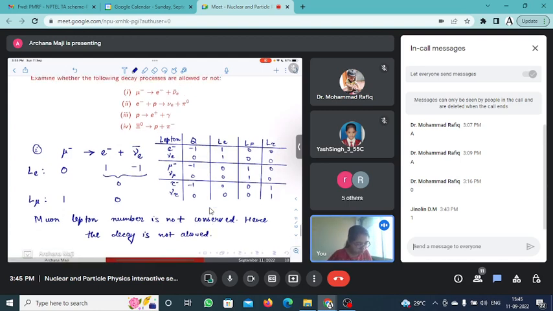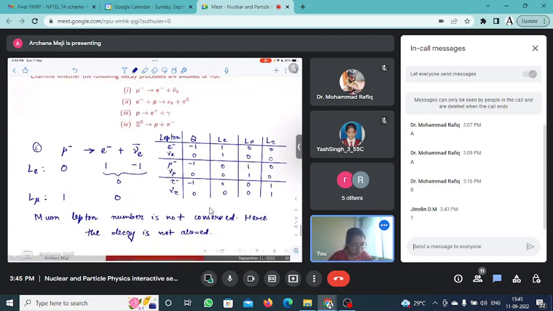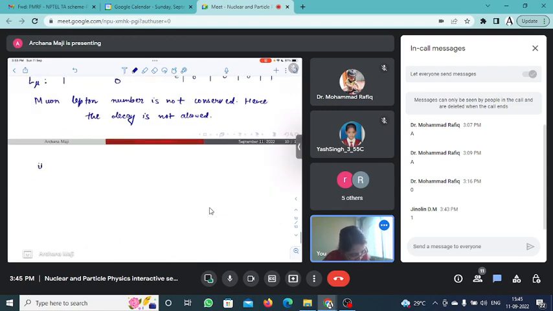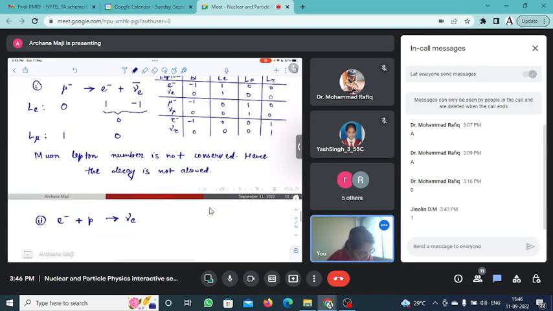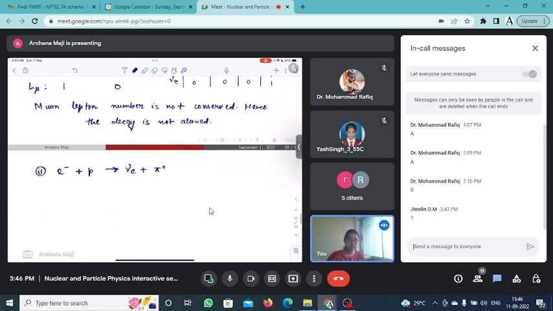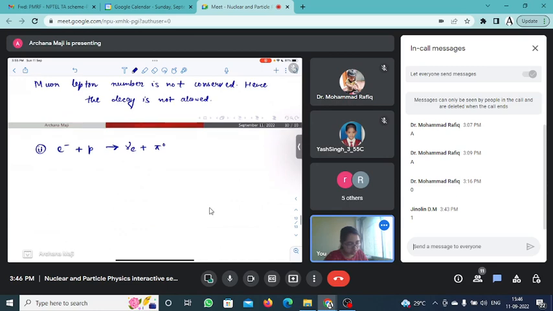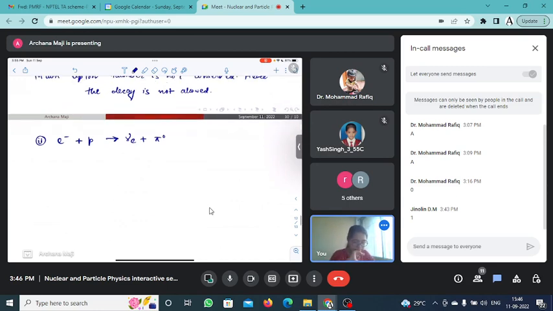Okay, what about the next process? Electron, sorry, plus proton. Is it allowed or not? Okay, one by one. Energetic conditions are being satisfied.